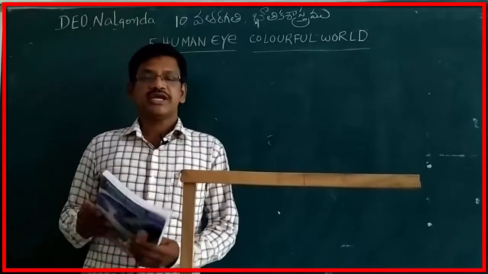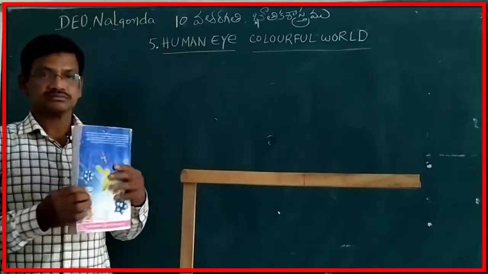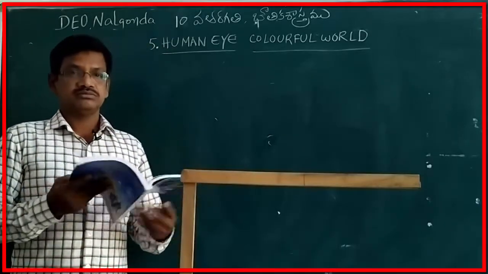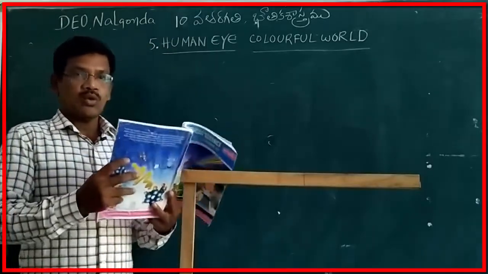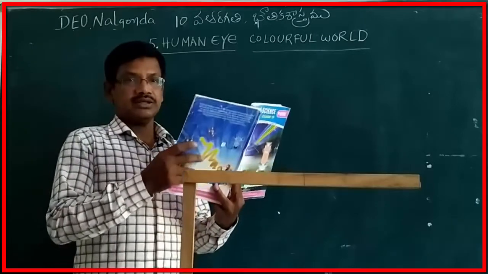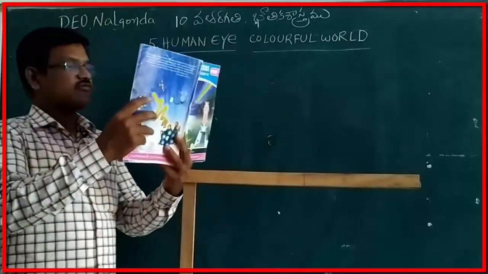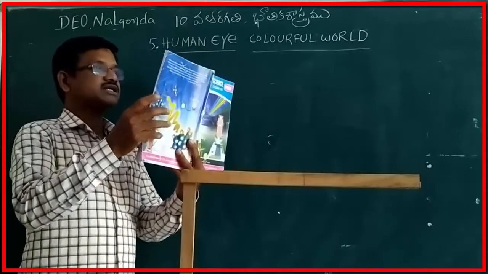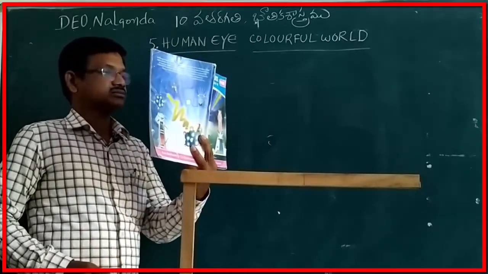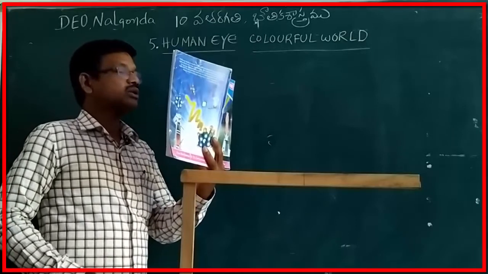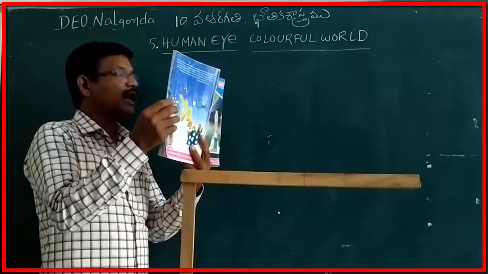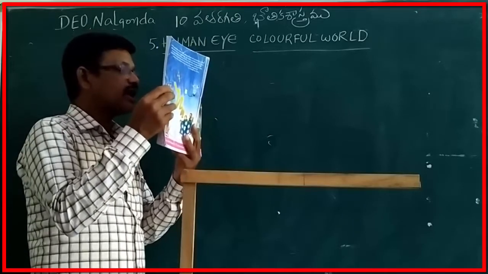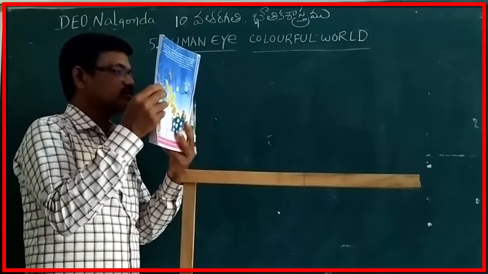Children, you take a textbook and hold it in your hands, then open the text and keep the book in front of your eyes. After placing the textbook in front of your eyes, move the book closer to your eyes and try to read the printed lines in the textbook.